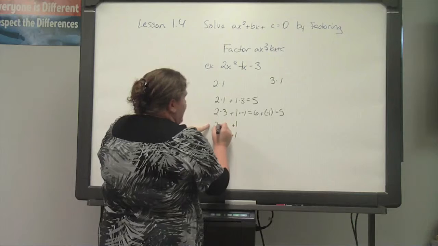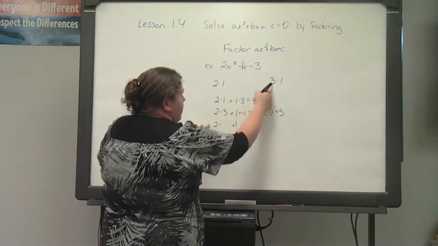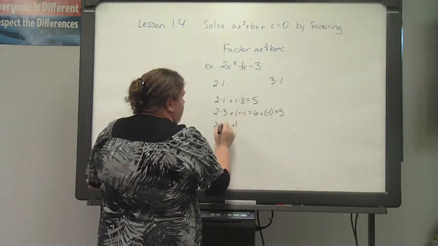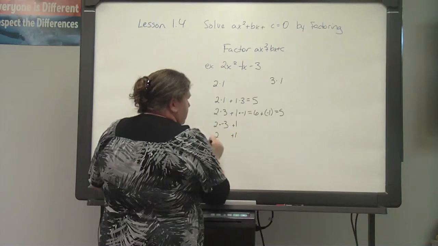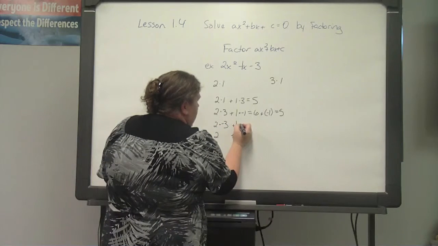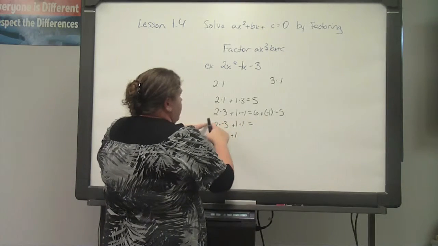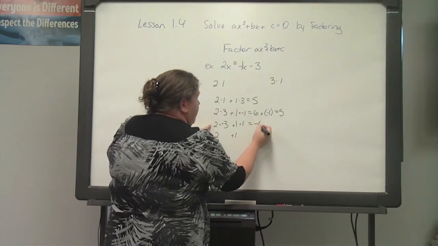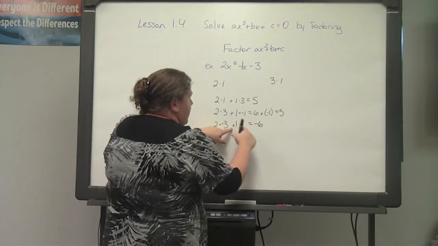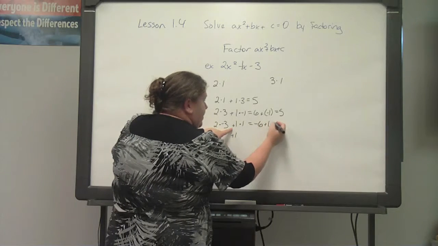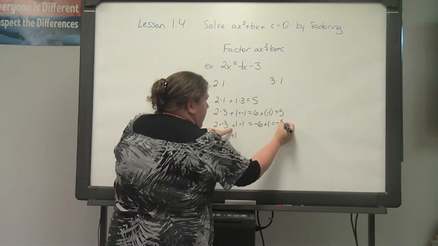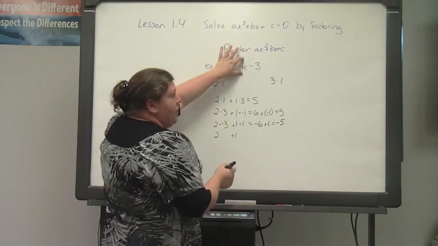What if this time I try my negative with my 3? So 2 times a negative 3, and then 1 times a positive 1. Now 2 times a negative 3 is a negative 6, plus 1 times 1, which is plus 1, equals a negative 5. So again, it's not my negative 1.